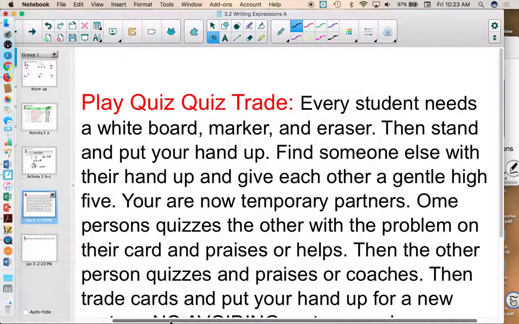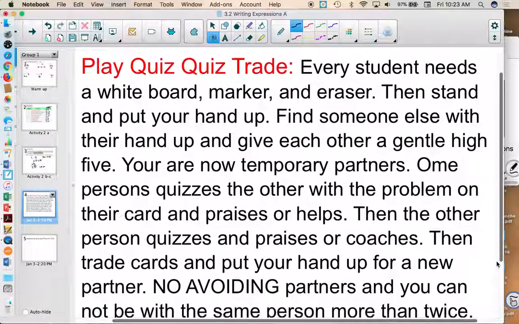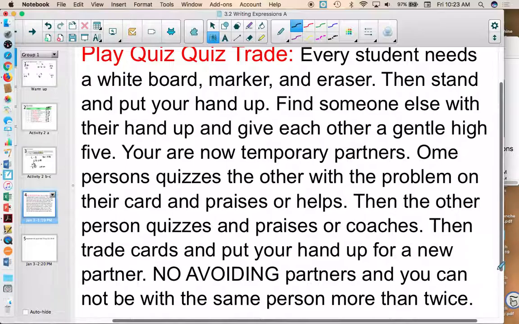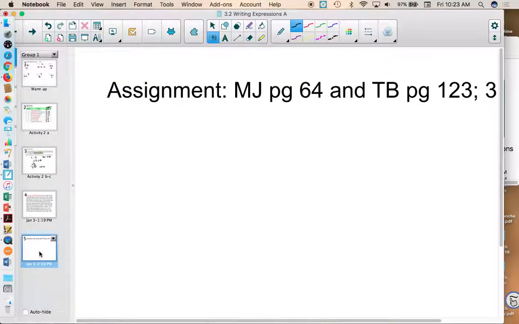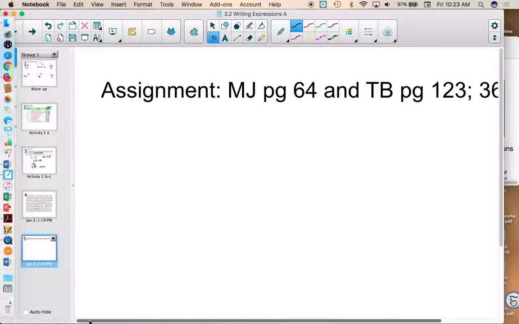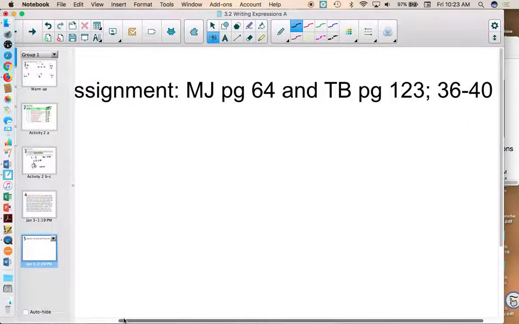Oh, I need my cards. I got to make sure I got my cards. Hold on, I'm going to go ahead and just let it be seen, because I want to make sure this gets recorded as well.